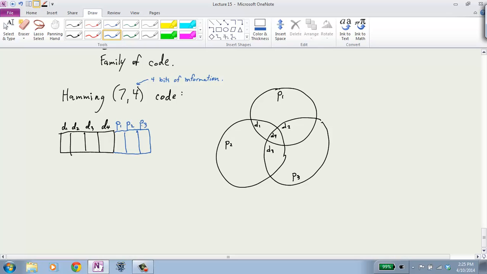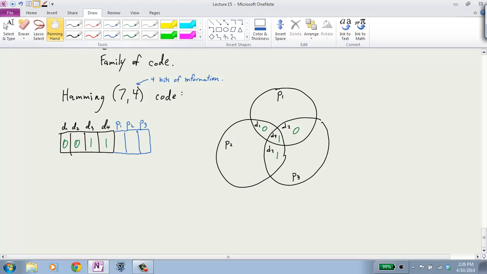The way we do the encoding is you take the 4 bits you're given, let's say 0, 0, 1, 1. You write them into the spots in these circles. Then you fill in the other 3 spots so that the parity within each circle is even. Each circle represents a parity check.